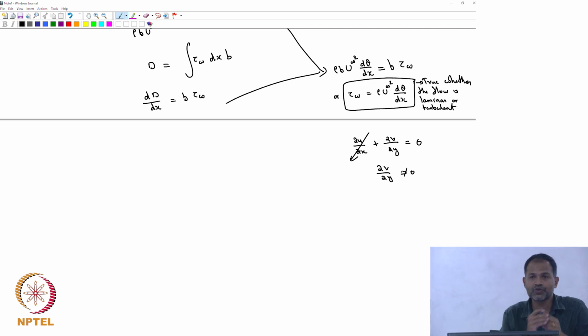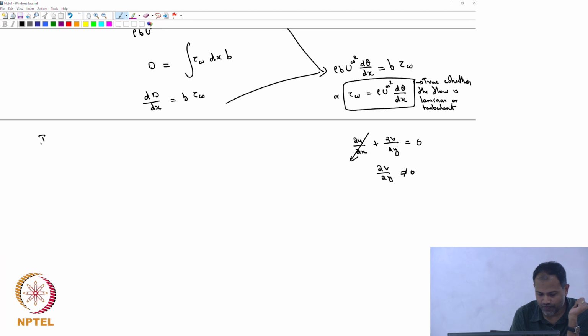Now, what we are going to do is assume that the velocity profile in the boundary layer is quadratic. If you ask why, there is no a priori reason, but we will see that it is going to serve well.